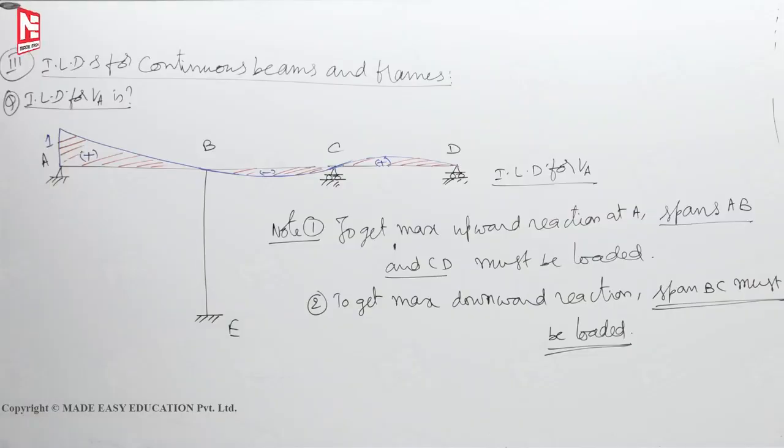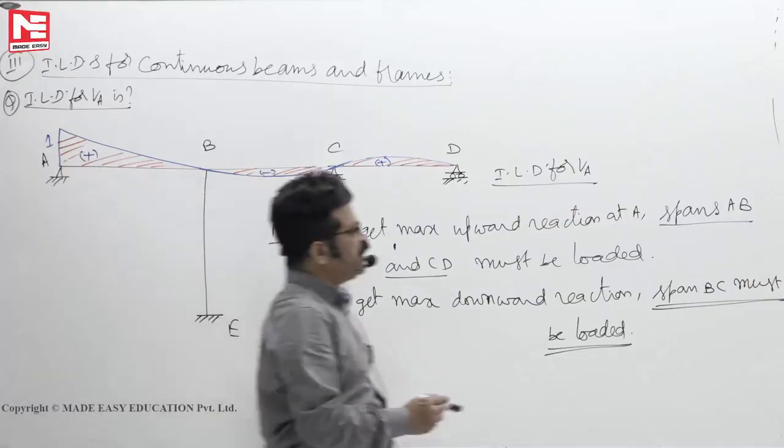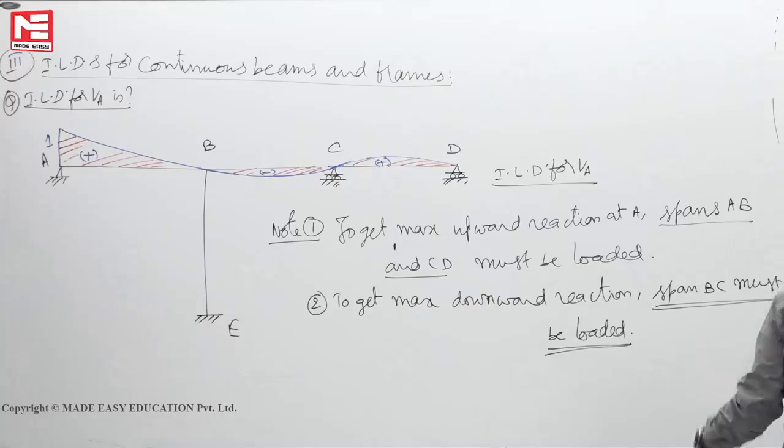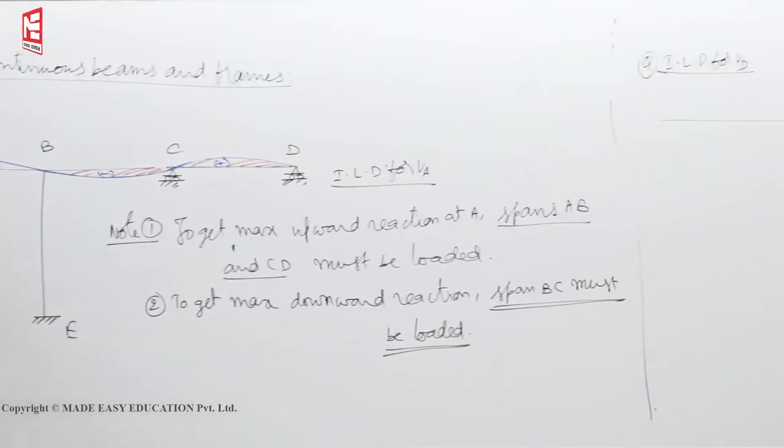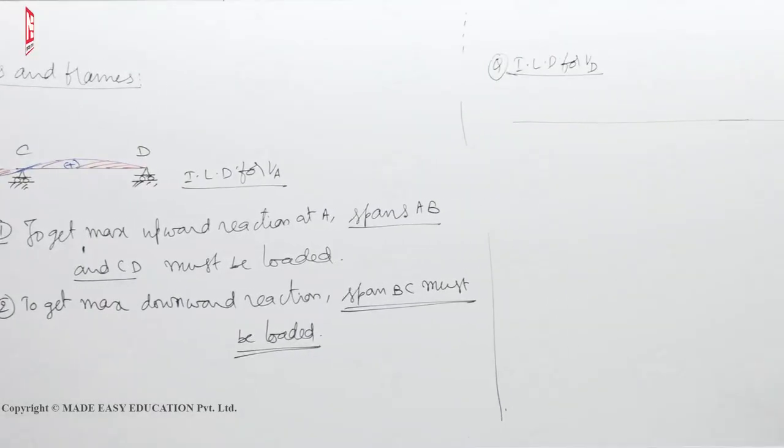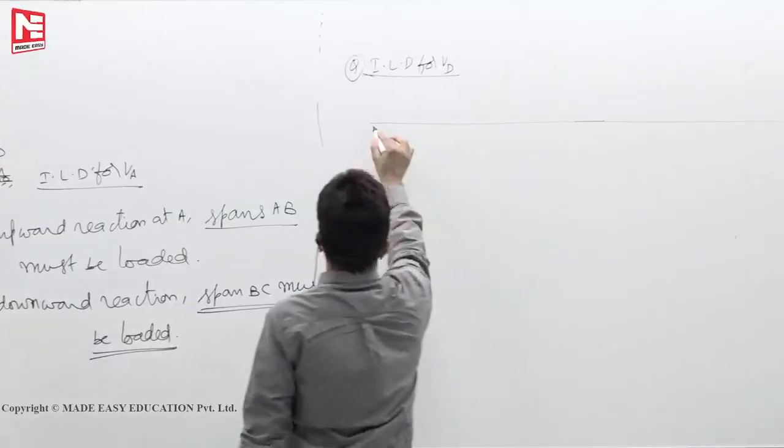Now you see, in the same way, we can draw ILD for anything. ILD for, supposing, VD, let us say. We have a continuous beam. Supposing that we have a continuous beam like this.